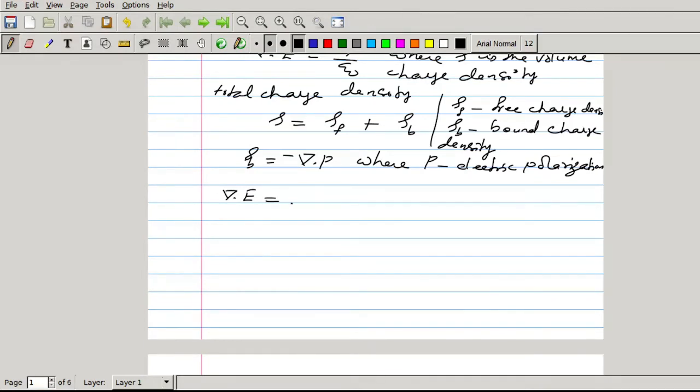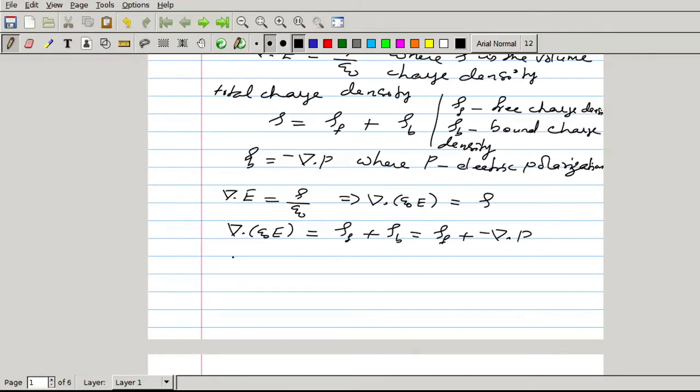Taking epsilon 0 to the left side, we get del dot epsilon 0 E is equal to rho, that is, rho free plus rho bound, and rho bound is minus del dot P.